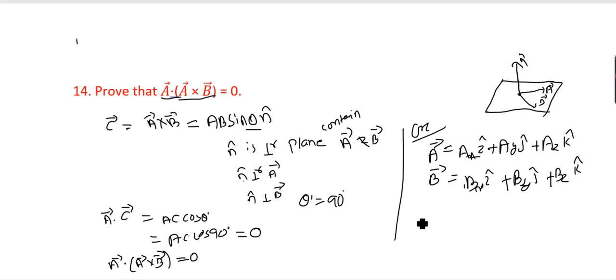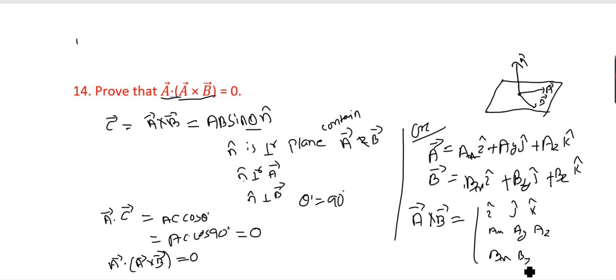So we know A cross B can be written in the form of a determinant as i cap, j cap, k cap. First I write the A component, Ax, Ay, Az, then the B component, Bx, By, Bz.